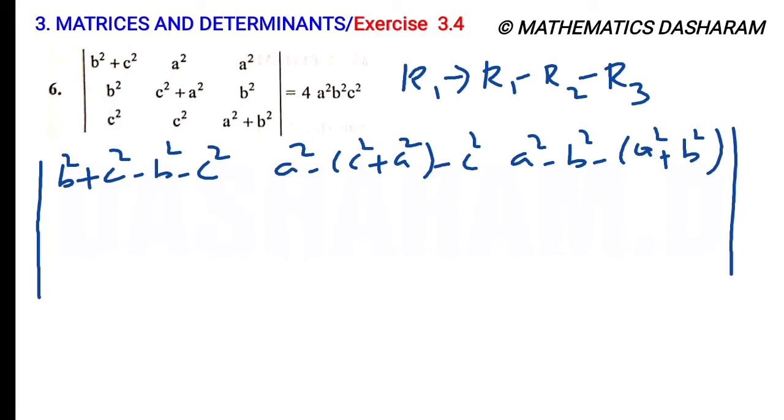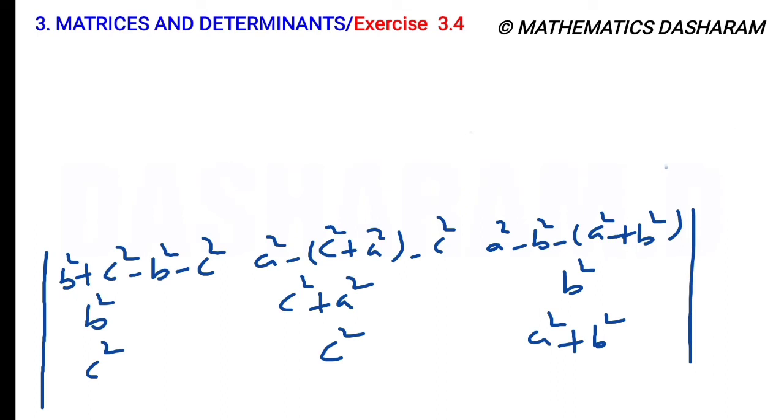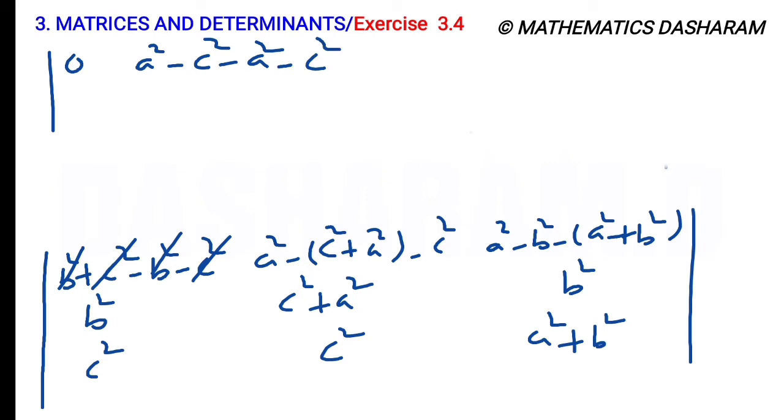So this is the first row. So next one, here plus B square minus B square plus C square minus C square cancel, so 0, and here A square minus, remove the bracket, minus C square minus A square minus C square, next here A square minus B square minus A square minus B square.